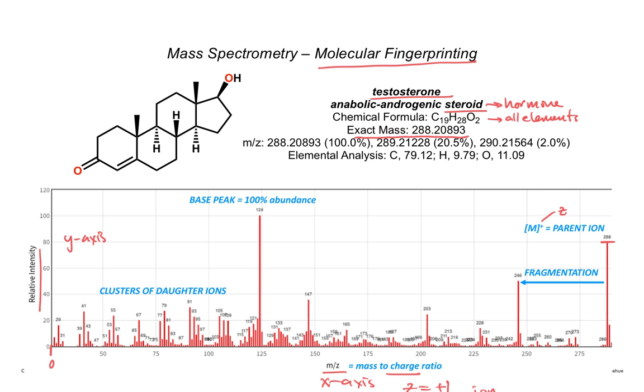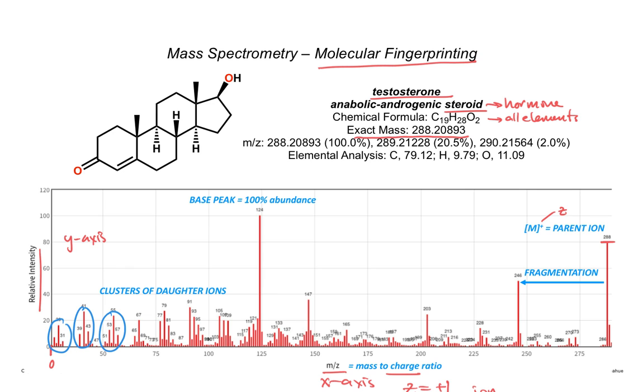Because that's an ion, it's higher in energy, and it's going to start falling apart. It falls apart in different ways, and those are called daughter ions. And so you see these groups. They're called clusters or envelopes. They're just clusters of smaller masses from these fragments that happen.